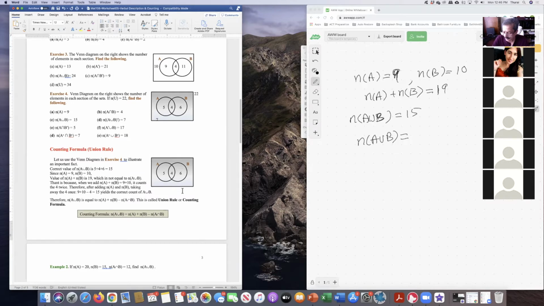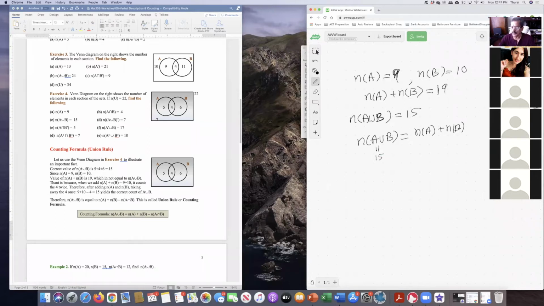So how do we get the count of A union B from count of A and count of B? Here's how we can do that. Count of A is 9 plus count of B is 10. If you add them up, that's 19. And this is not the same as count of A union B because the 4 is added twice. So if I subtract that 4 once, then I should get it right.